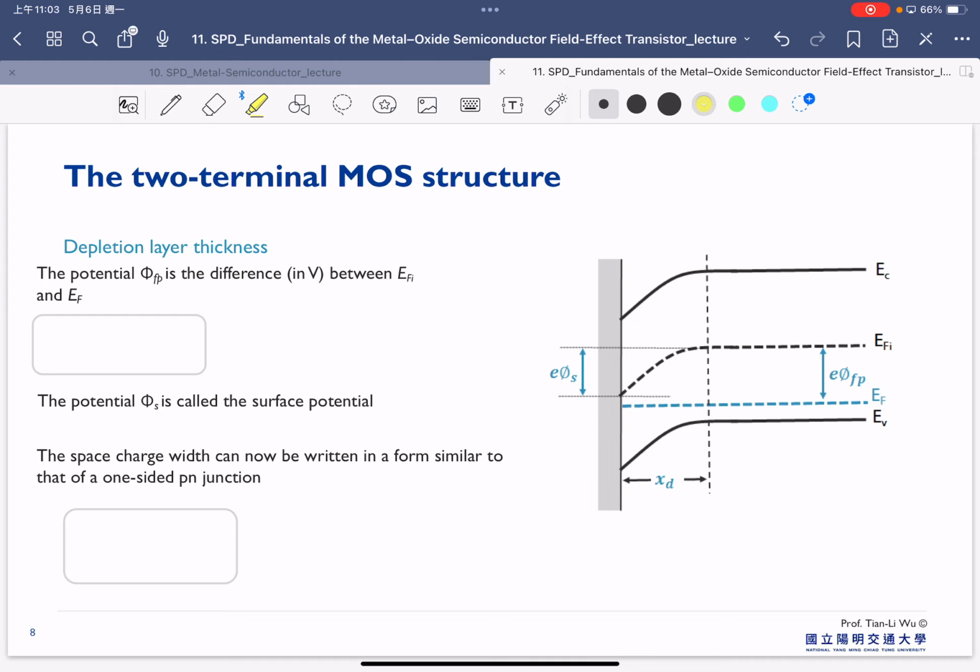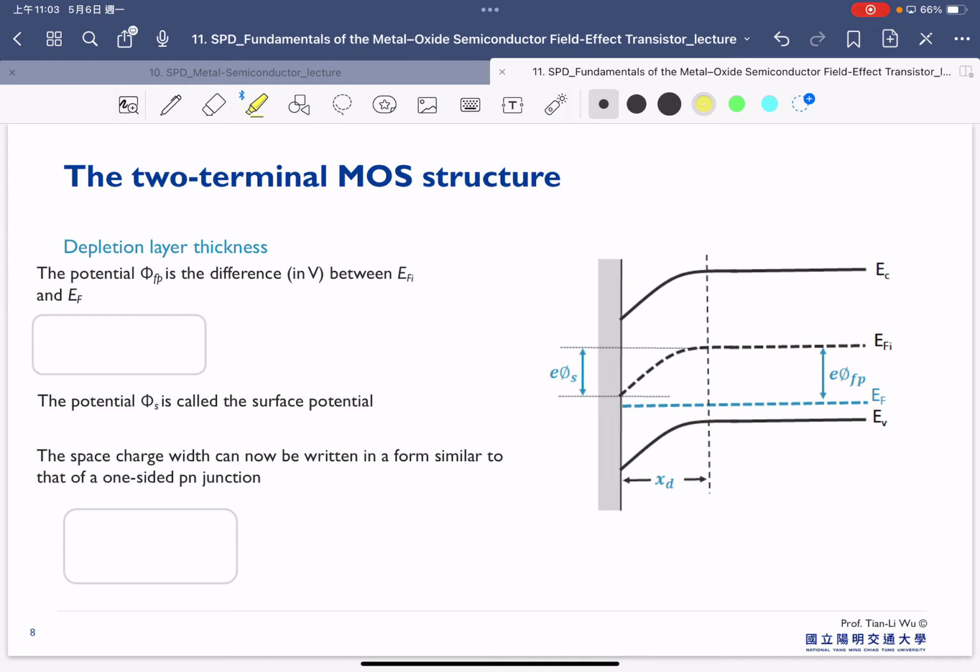Okay, so now we already understand the physics, the basic concept, once we have a different bias. And for sure we will still move to some calculations, trying to determine some critical numbers here.